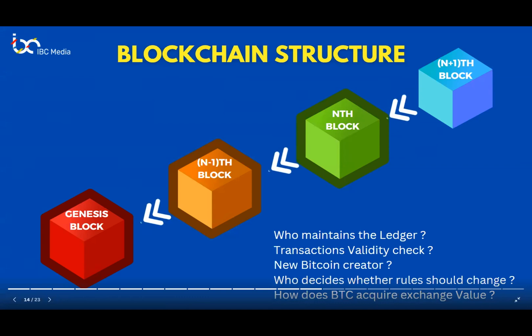And then these transactions get encoded into a block by some process. Okay, we'll get to them later. But at the end of the day, they are integrated in such a way that the current block has a connection with the previous block, and the previous block has a connection with the one before it, ultimately going up to the first block, which is called the Genesis block I am showing here.